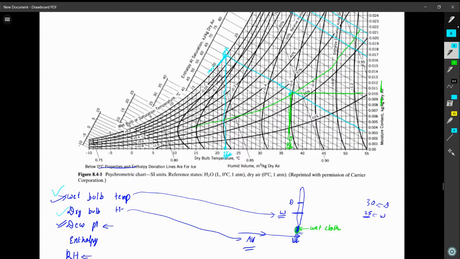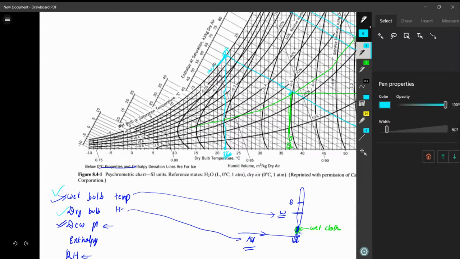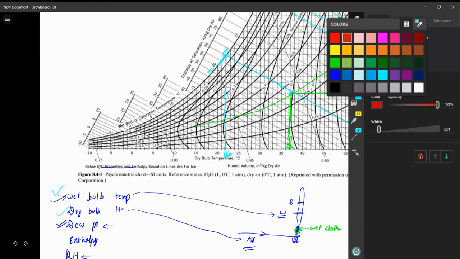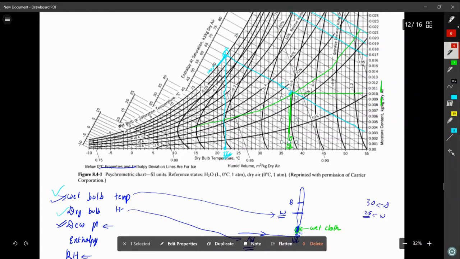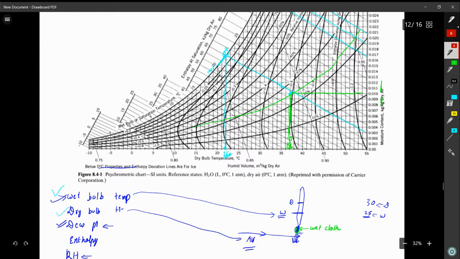Now, what about dew point? So dew point is basically, you have humid air. Let's change colors now. Red. Okay, you have humid air, and you don't change the moisture content. You have the same moisture content, but you just keep on decreasing the temperature. So here you are, and you need to move with constant absolute humidity.